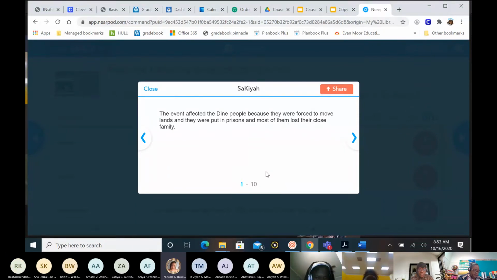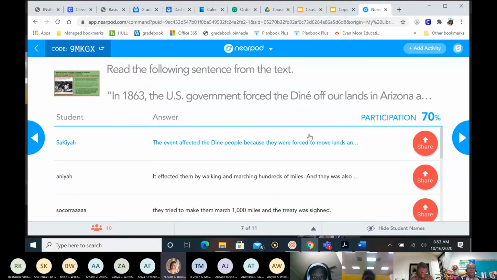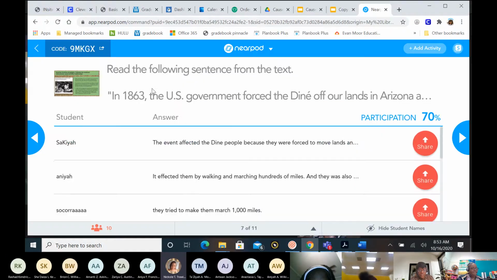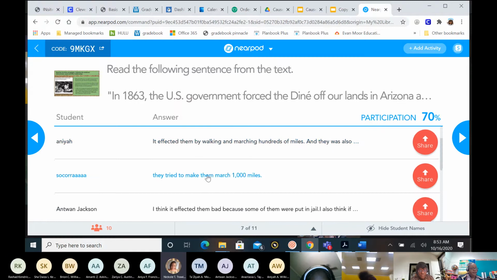I put the event affected the Dene people because they were forced to move and they were put in prisons, and most of them lost their close family. Okay, great job. Thank you. Anaya. Okay, so Anaya wrote it affected them by walking and marching hundreds of miles, and they was also put in prison at Fort Sumner. Sakara, can you go ahead and answer?